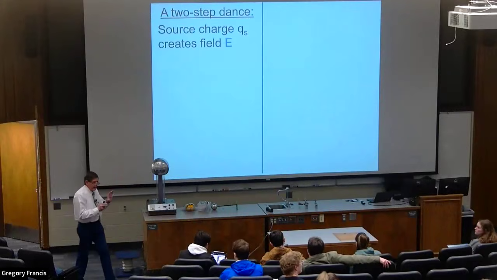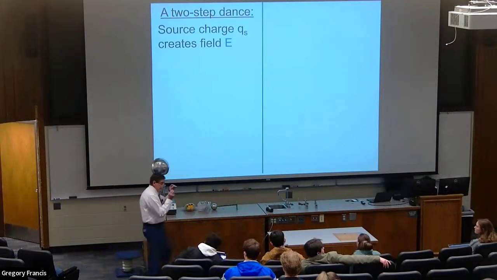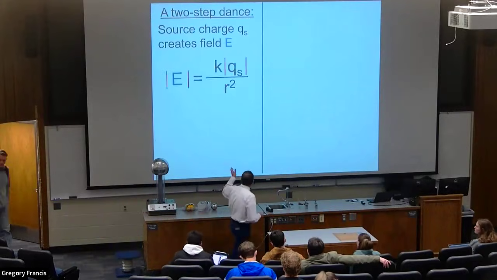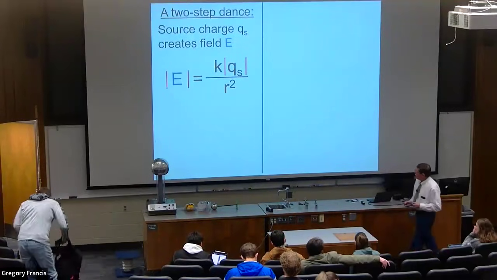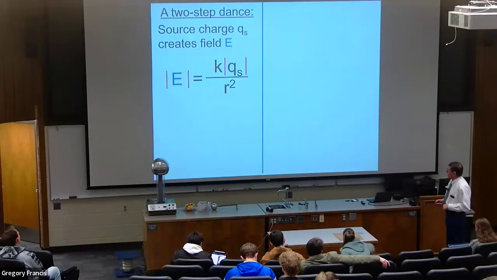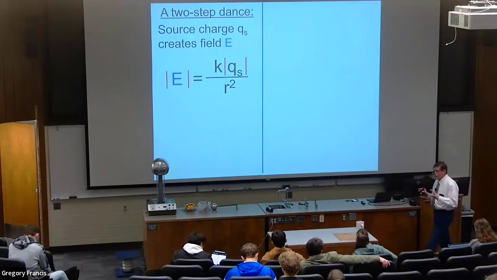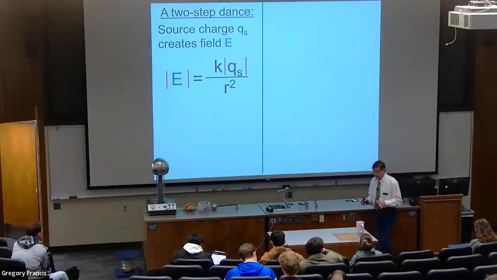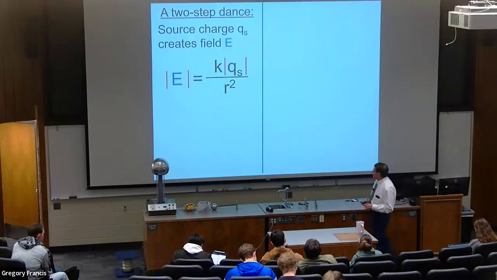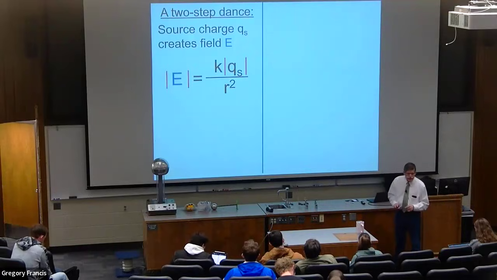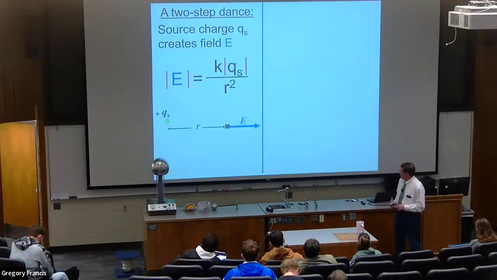And we compute that at a particular location, the location of the X, with this formula that we call Coulomb's law. And we always use that formula just to find the magnitude of the electric field, how strong it is, always a positive number, okay? And then we use our gut to tell us what direction it points.